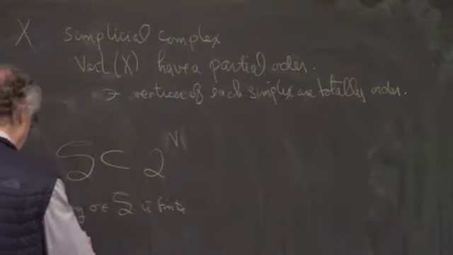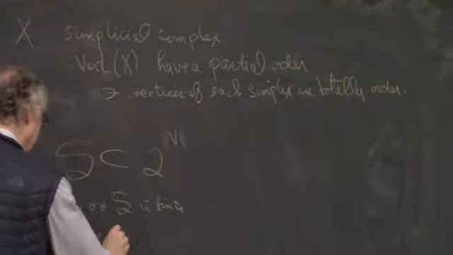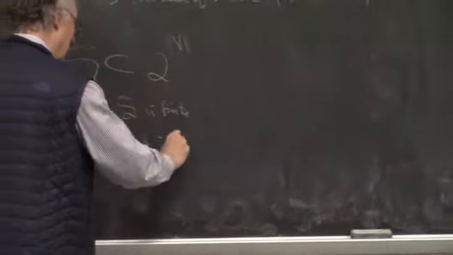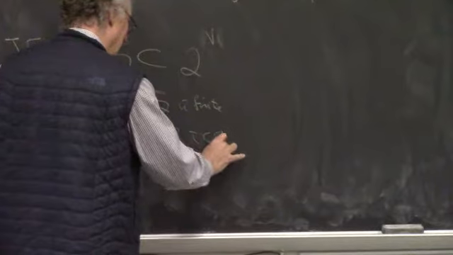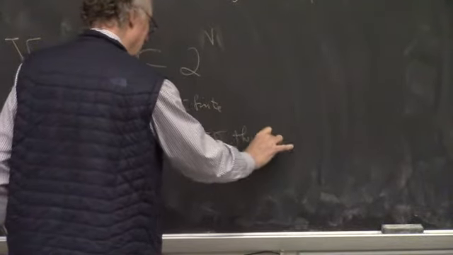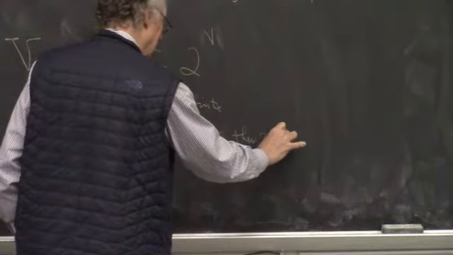And if sigma is in S and tau is a subset of sigma, then tau is in S.